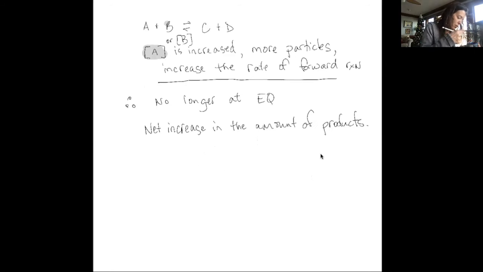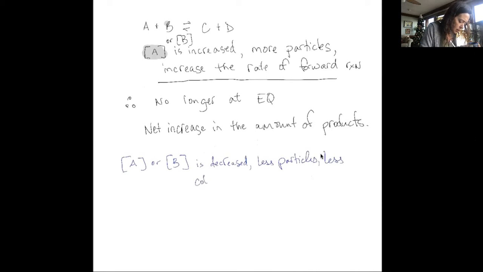Now, if we were to turn that around and say that either A's concentration or B's concentration is decreased, then what would happen? We would have less particles, less collisions, less effective collisions.